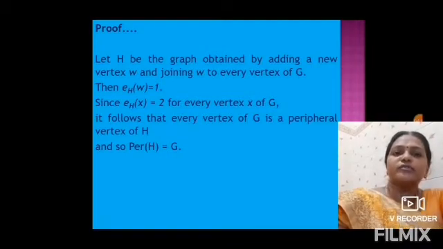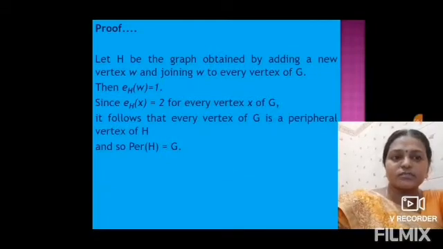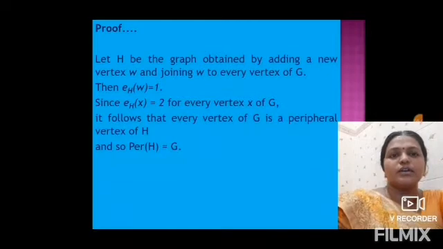Since the eccentricity of X is equal to 2 for every vertex X of G, it follows that every vertex of G is a peripheral vertex of H. And so, the periphery of H is equal to G.